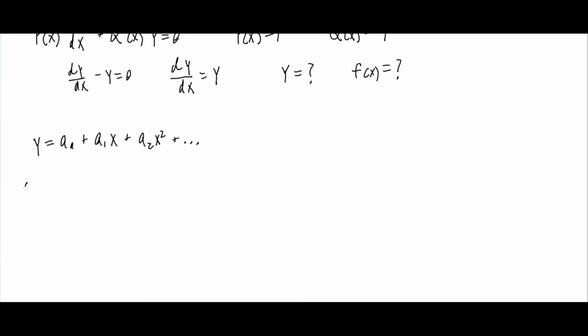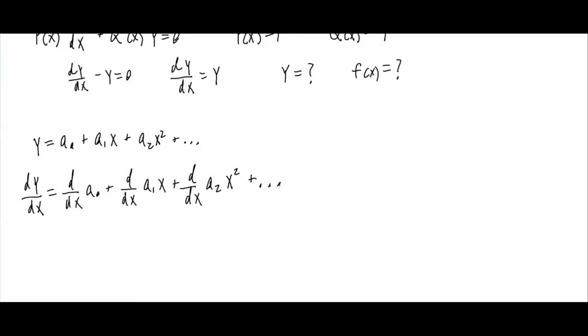And so what we will have is dy dx is equal to d dx of a naught plus d dx of a1x plus d dx of a2x squared, and so on, going to infinity.